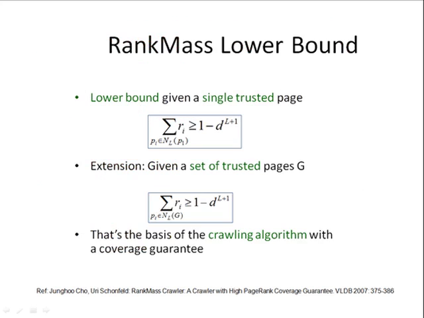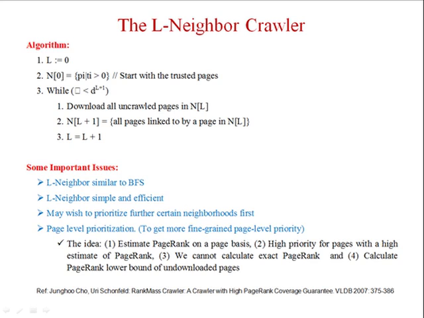So the lower bound for a single trusted page can be given by this scheme, already discussed earlier. That is the basis of a crawling algorithm with coverage guarantee: the L neighbor crawler. It starts with L equal to 0 and N_0 equal to the trusted pages.